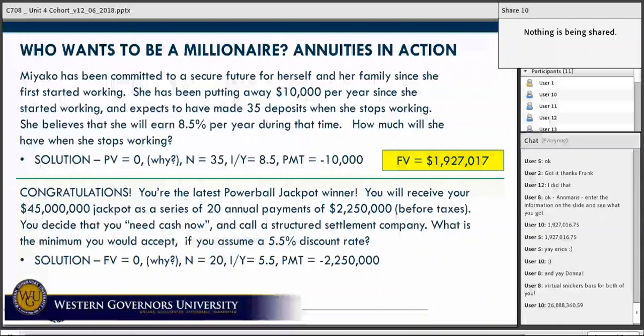Okay, so the future value, let me ask you a question. Erica's on fire tonight. Why is the future value 0? Why do we enter 0 as the future value in this case? People are typing.